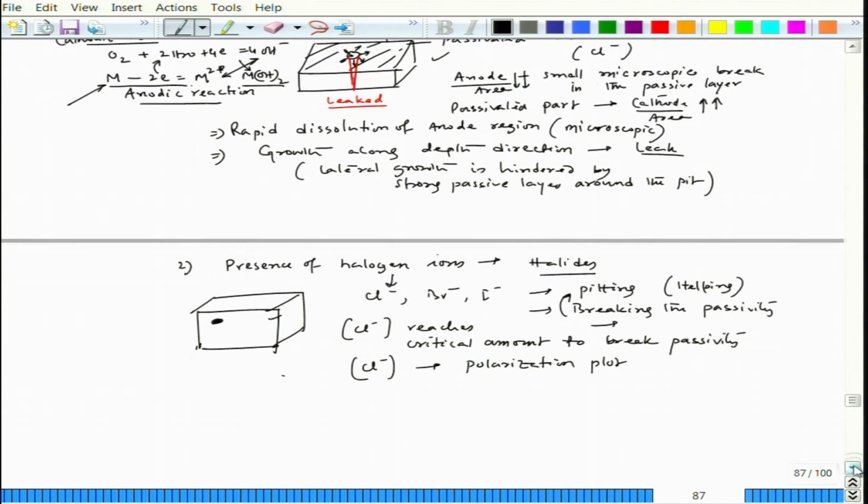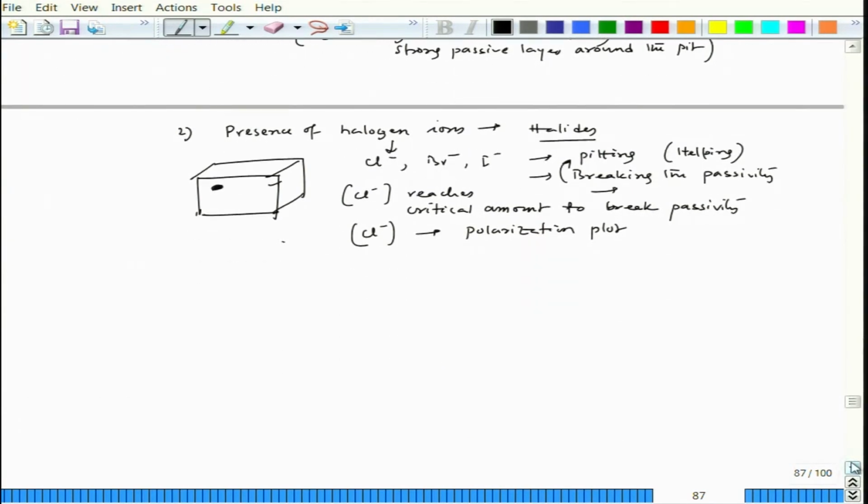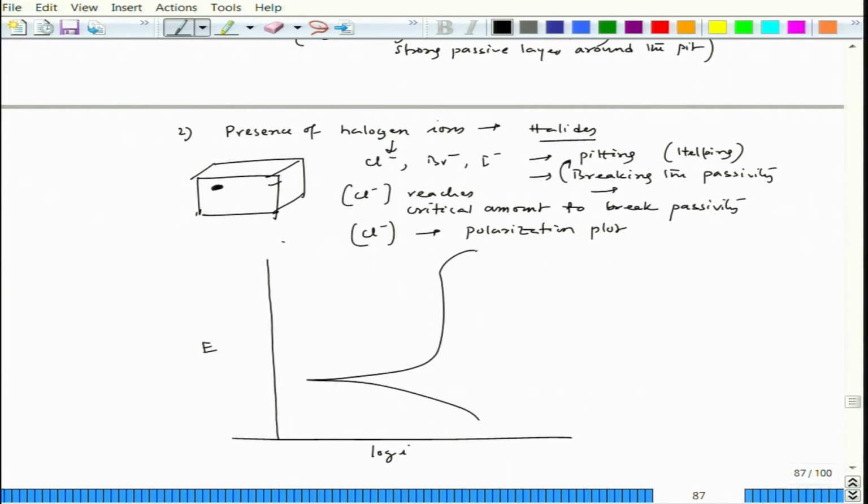Okay. Now, if we try to look at passivity, for example, if I look at the polarization diagram for passivity, let us say this is E, this is log I. In the polarization plot for passivity, two different kinds of passivity can be observed. One is spontaneous passivity, like this, and another could be like this.